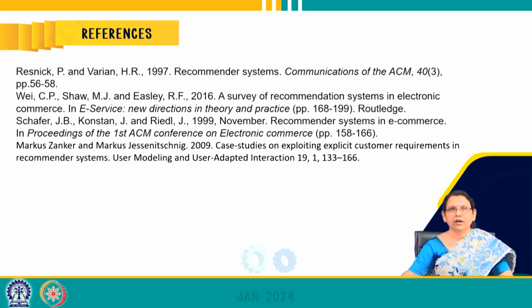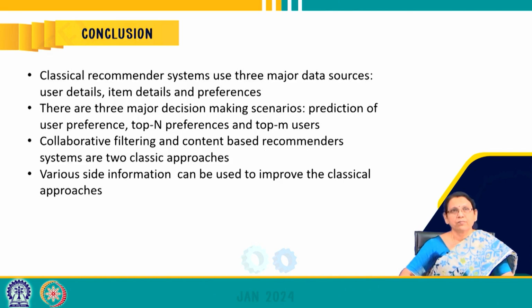With this, I wind up this lecture. These are some of the references which I considered, and as I told you, this lecture is the continuation of the last lecture. So, the conclusions are like this. In the last lecture and this lecture together, we talked about different types of recommender systems, and they depend on three major data sources: user, item and preferences.